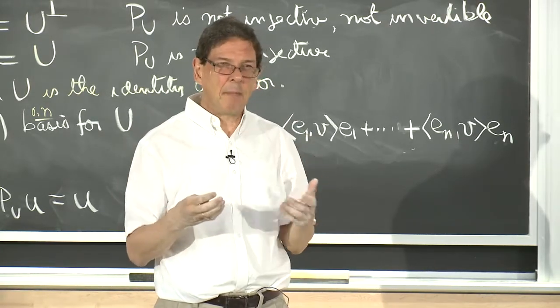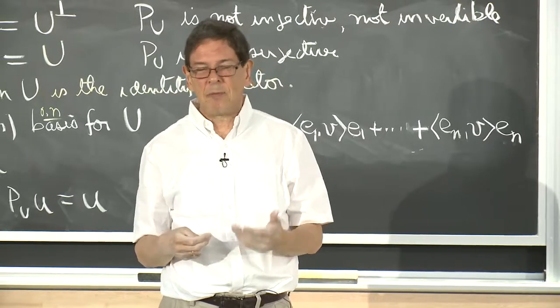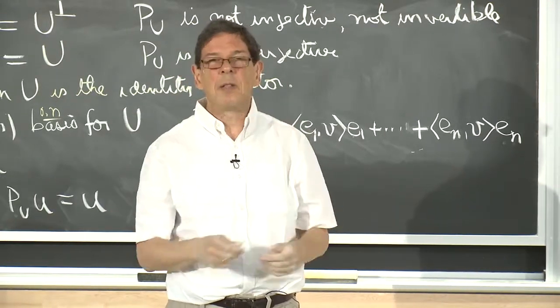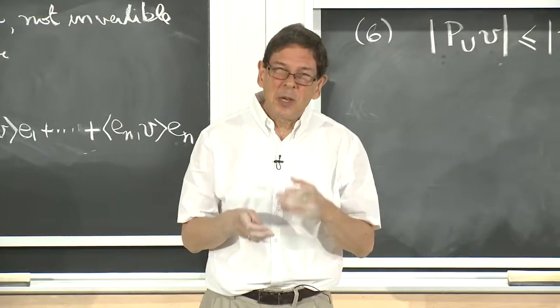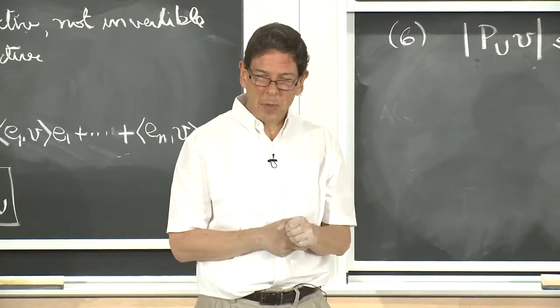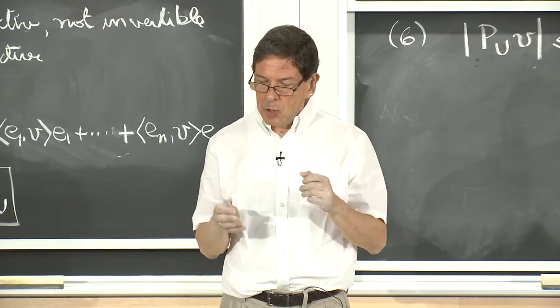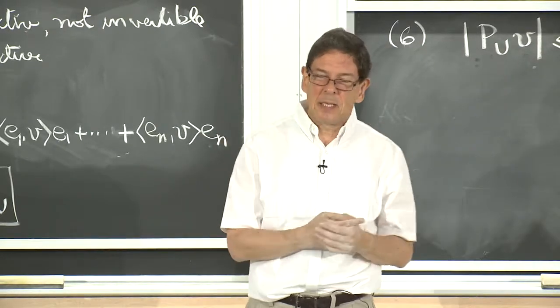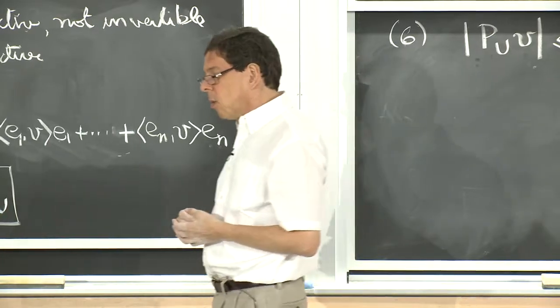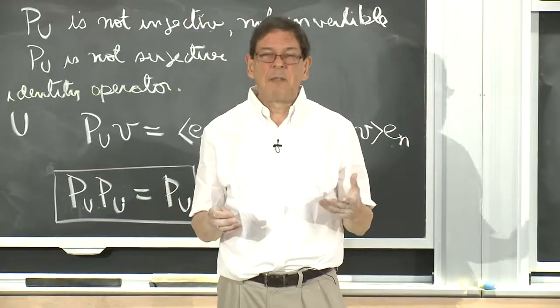If somebody asks you about eigenvectors and eigenvalues of projectors, the answer is very well known and very simple and intuitively clear. And you can think of this in this way. Eigenvectors are invariant subspaces of the projector. So let's think of a basis of U.